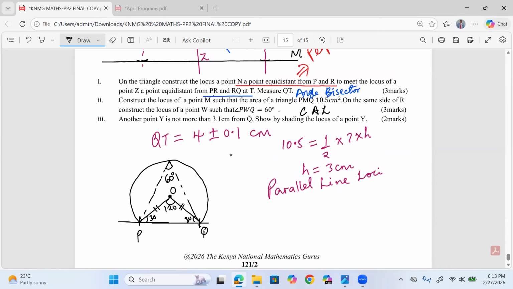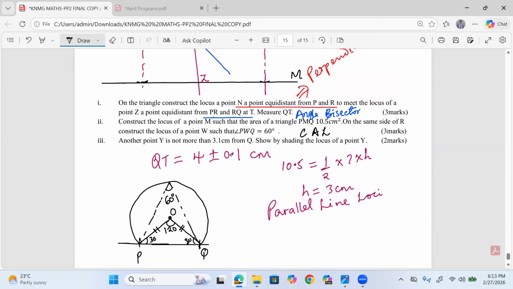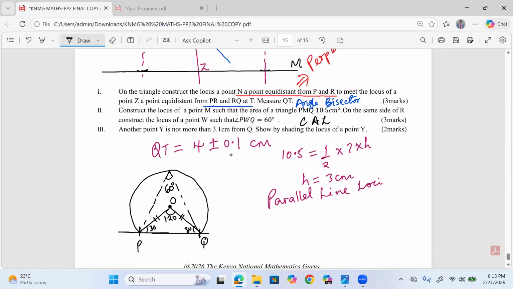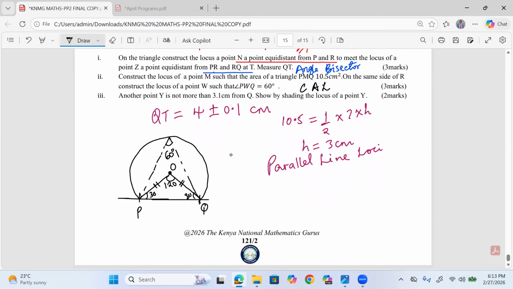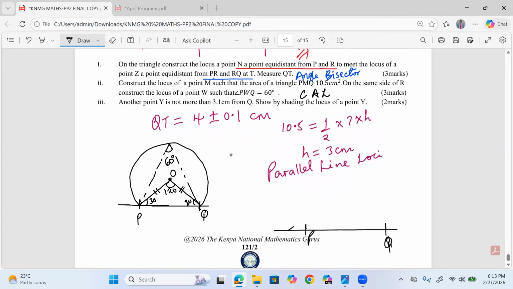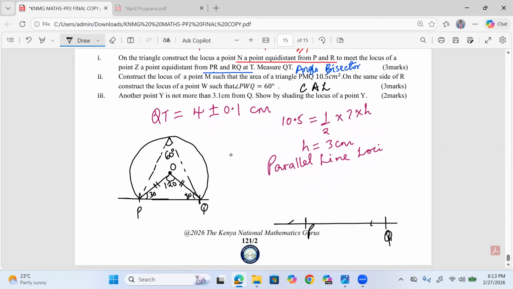Therefore, at that point, we need to start with the base angles. Remember, alternatively, because PQ is a chord, this is P, this is Q, we need to know that any perpendicular bisector of a chord passes through the center of a circle.